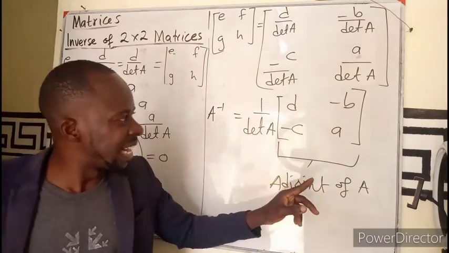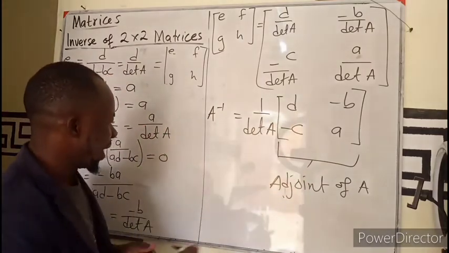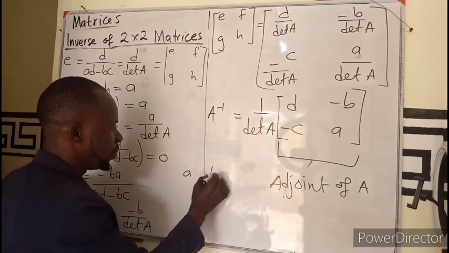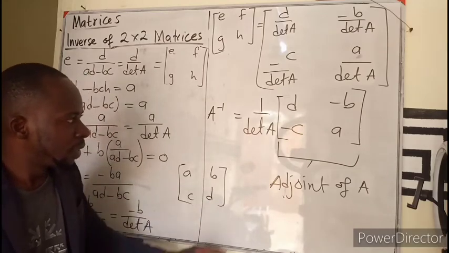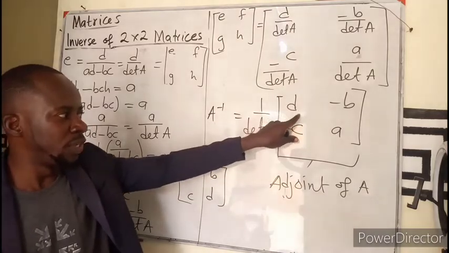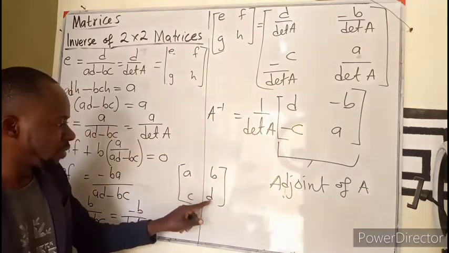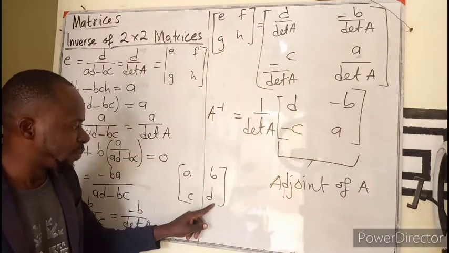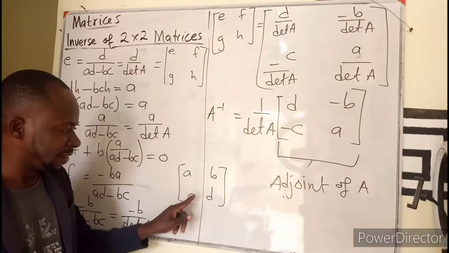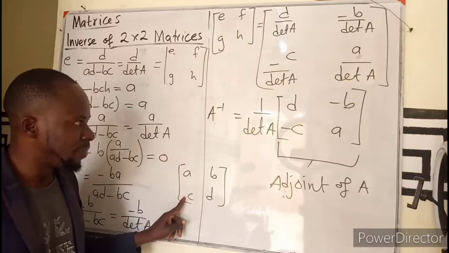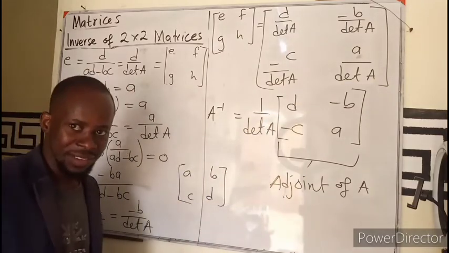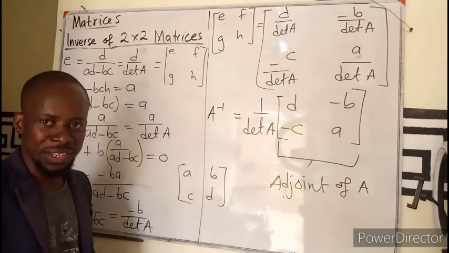What it means is that in the beginning, A, B, C, D was the matrix A. The adjoint is just the position of A and D swapped. We change this position, then we negate this. So C minus, B minus. Then the position of this will change.